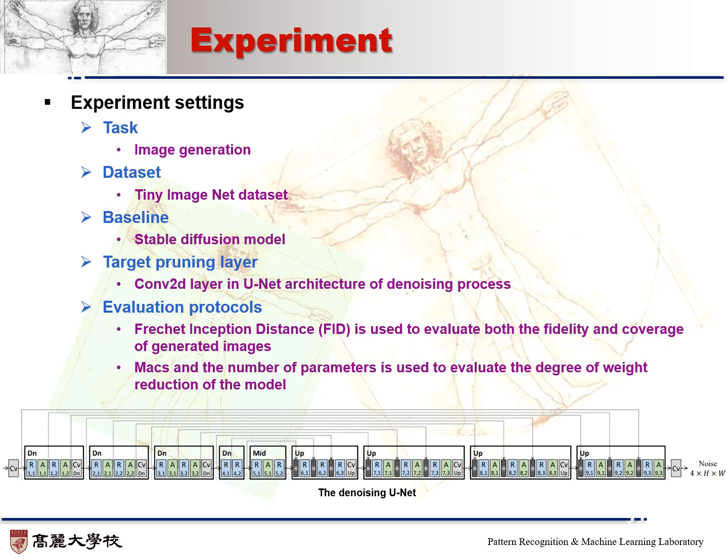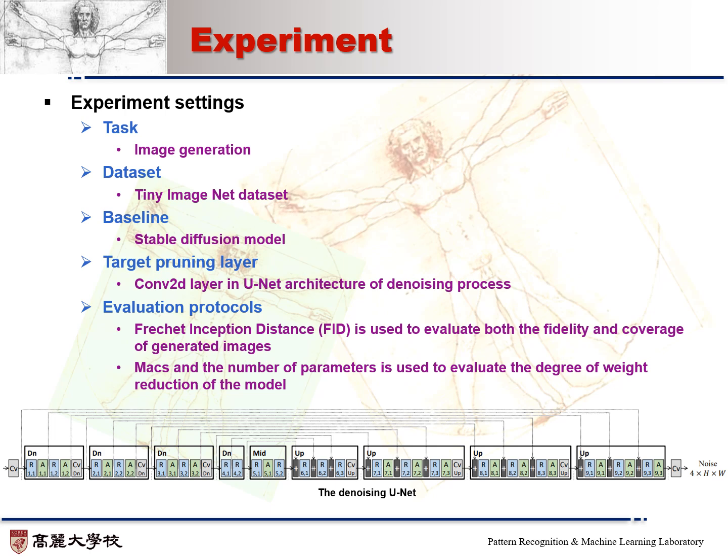To evaluate the effectiveness of our method, I use two main metrics. First, I calculate the FID score to assess the fidelity and diversity of the generated images. A lower FID score indicates higher image quality and diversity.